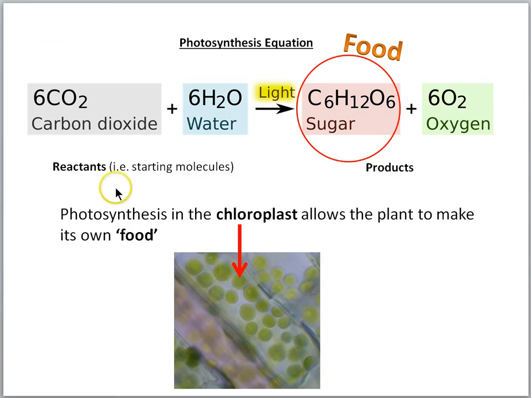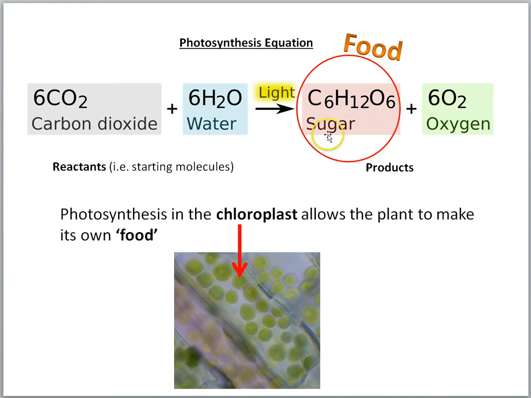Now, what is the equation of photosynthesis? Well, we can write it in the following way. The two items on the left of the arrow we'll call the reactants, or the starting molecules, the starting materials for the chemistry. In this case, it's going to be 6 carbon dioxide molecules and 6 water molecules. And on the right side of the arrow are the products of the reaction.